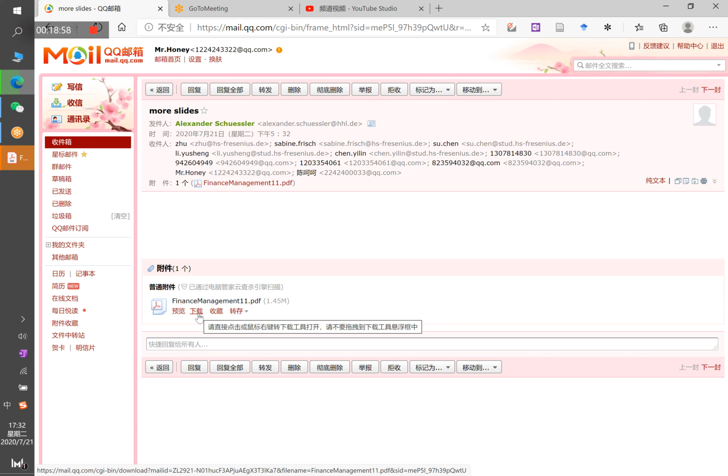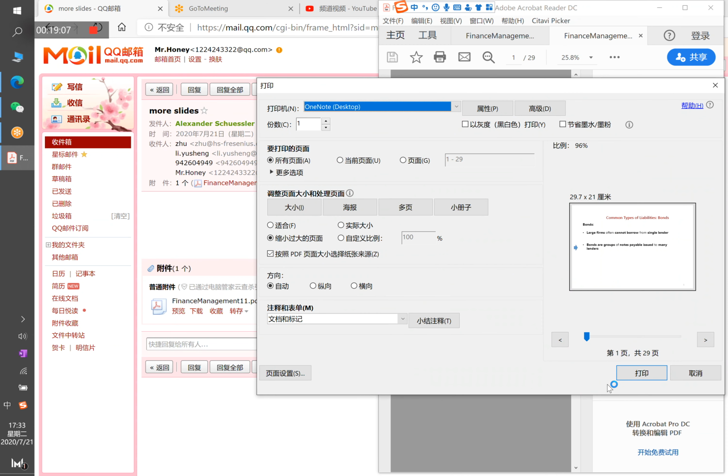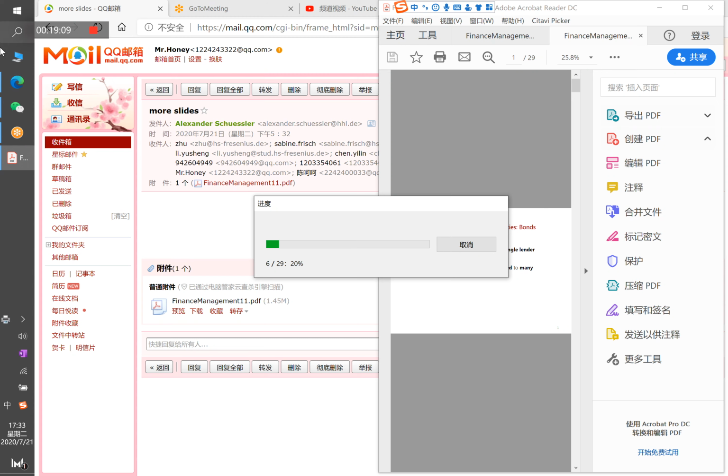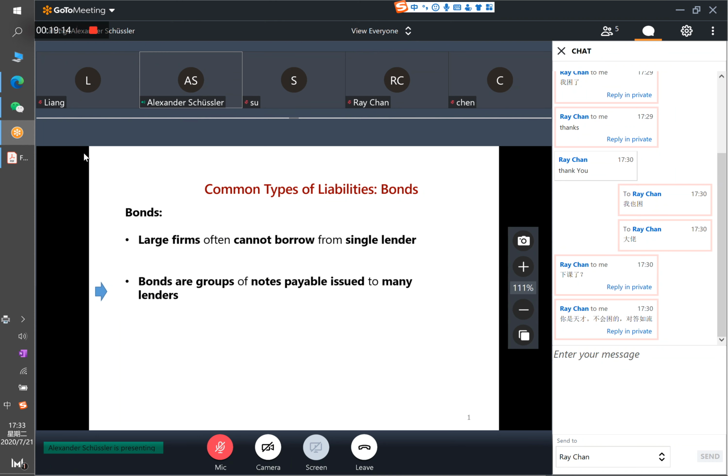All right. So this one is about bonds, and bonds are also liabilities, but they are certain types of liabilities, and companies can finance themselves with bonds.